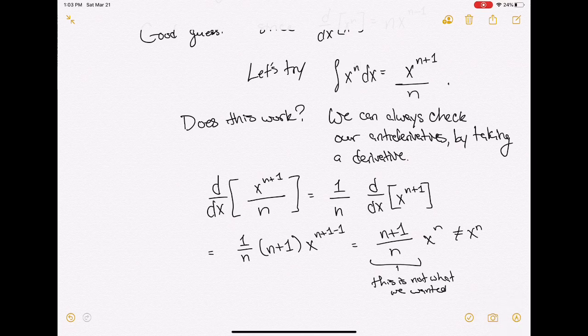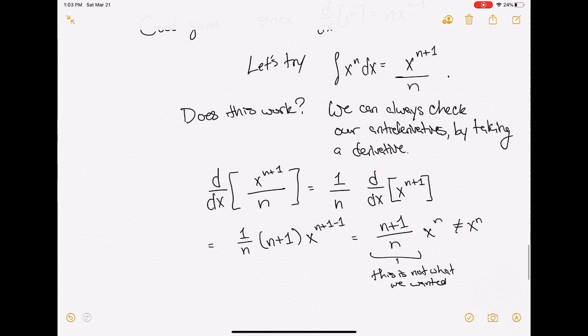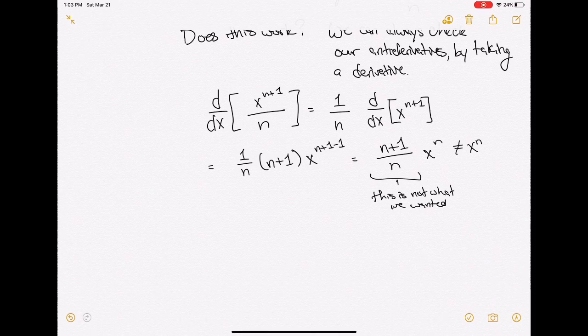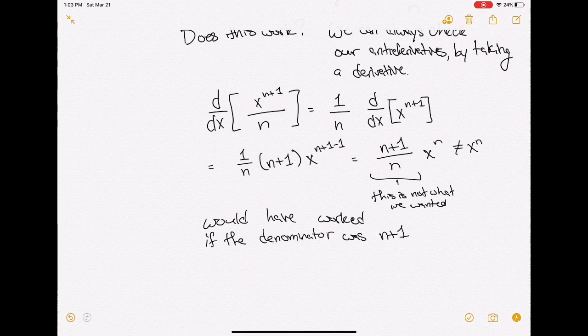So what could I do to change this piece here, this n plus 1 over n out front? How could I change that to just be 1? Well, it would have worked if the denominator was n plus 1 instead.